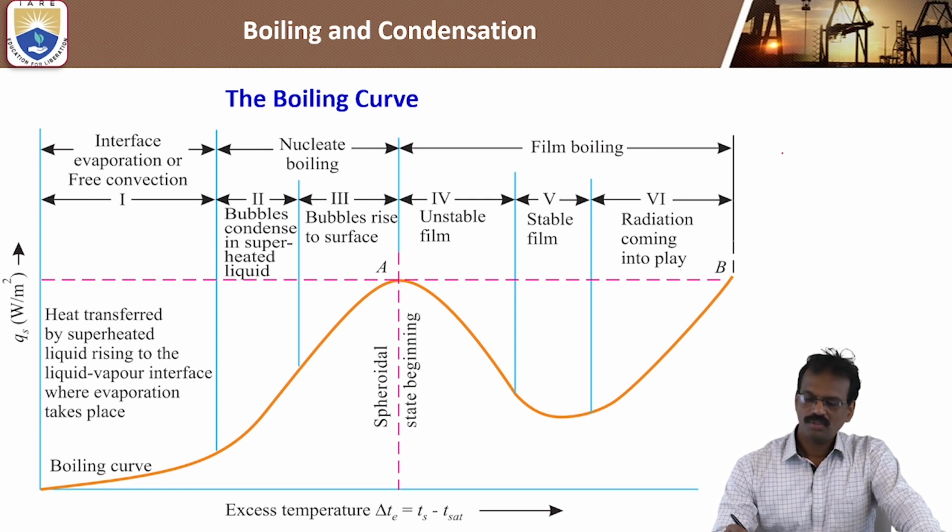Suppose along with the heat transfer, the water is converted into vapor, so that is called boiling. So in boiling, we'll see heat transfer along with the phase change. Latent heat is associated with the phase change here.